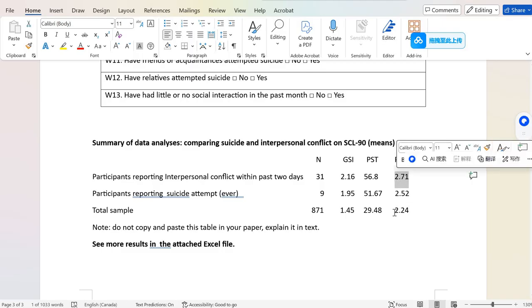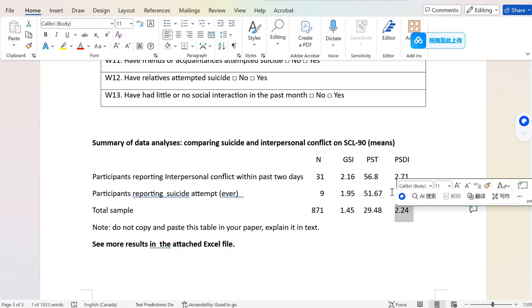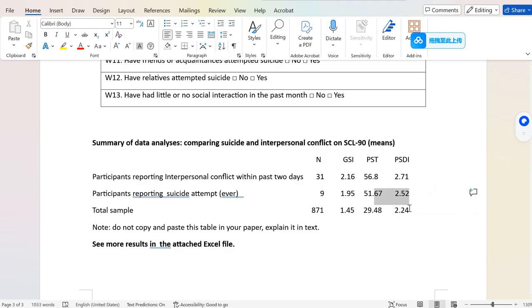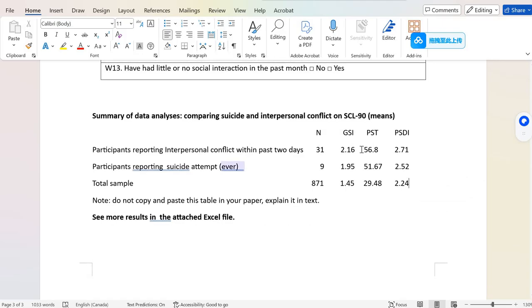So this number is a little bit higher than this one, and this number is a tiny bit higher than this one, but the proportion is not so great. The conclusion on the global score is that PST is the most effective in differentiating the two risky groups from the total sample. That's what you need from this result.